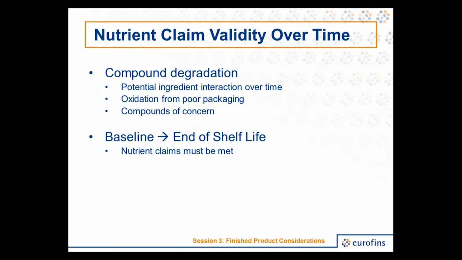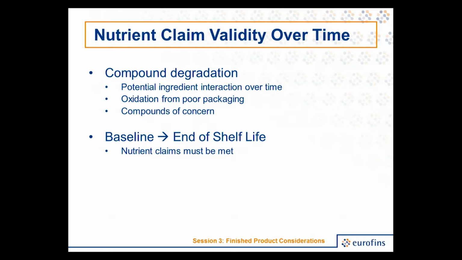So your final finished pet food, that's supposed to be the main source of a diet, or supplements that have vitamins or fatty acids, all of those make nutrient claims on the packaging. So when we're evaluating the shelf life of those products, it's imperative that the product start point and the product end point and the points in between all have enough of that particular compound to maintain the claim validity.